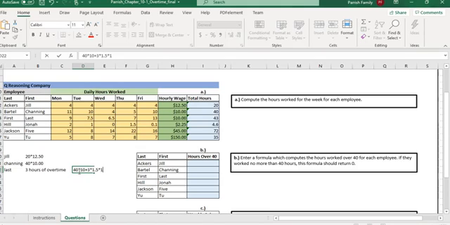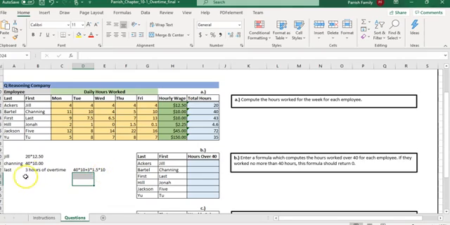Okay, so let's talk about that some more. They worked 43 hours, which is 3 hours of overtime. So they worked 40 hours at their regular pay, so 40 times 10. And then they worked 3 hours at time and a half their pay, which is 1.5 times 10.